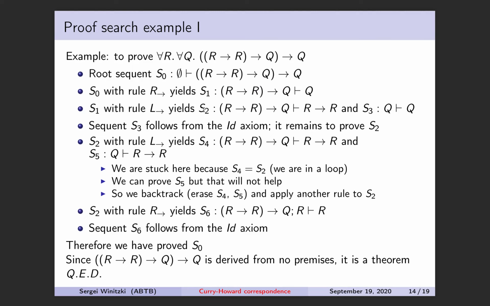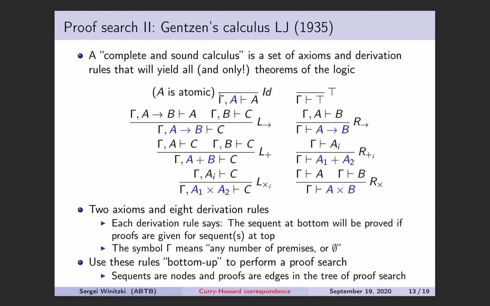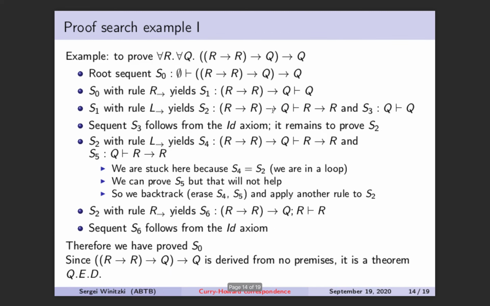And so it gives us 2 new sequents, S2 and S3. The sequent S3 is the same as the axiom here. It's called id, or identity. So we have proved this sequent.